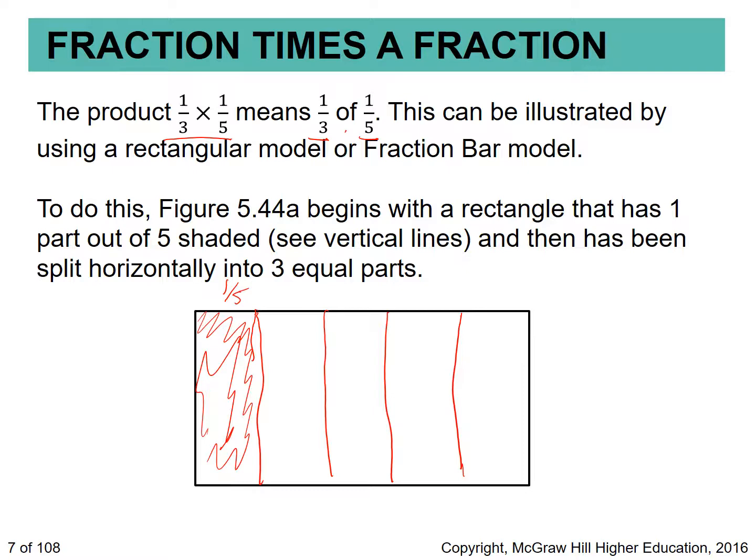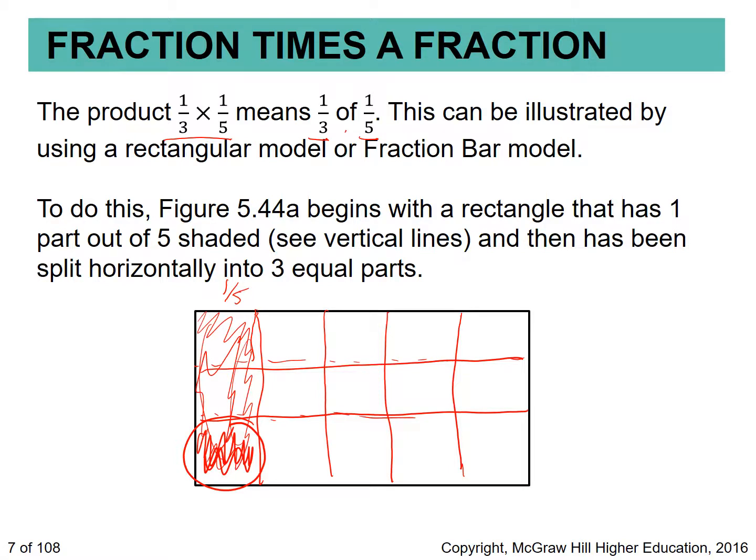But I want to find out what's a third of this shaded region. So just to make it easier, I'll divide this horizontally. Then this is the part that's shaded, but I only want a third of it, so I only need one of these.